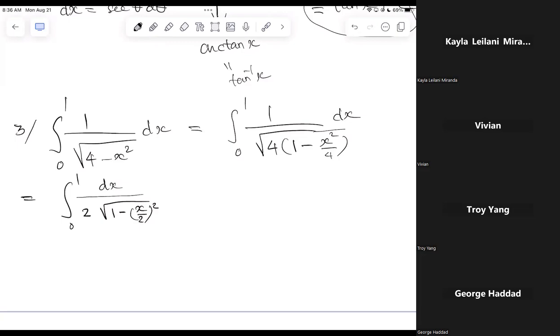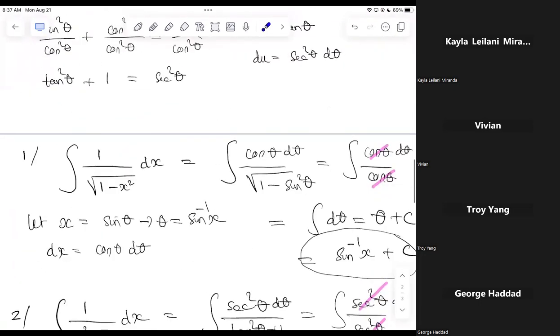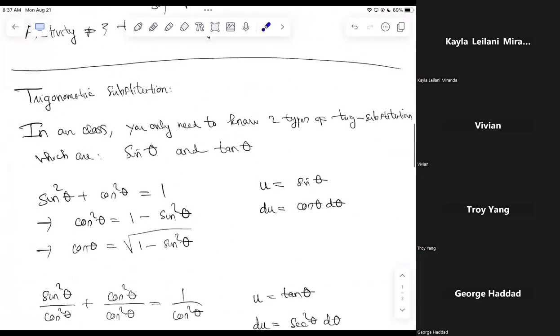Okay, so if I have the square root of 1 minus x over 2 squared, and I want to use the sine theta, remember 1 minus sine squared theta.